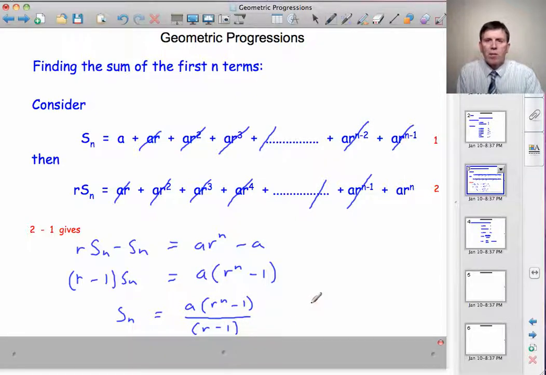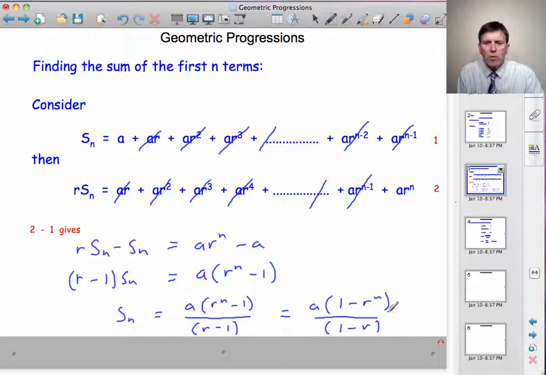So we now have a formula for the sum of the first n terms. An alternative version of that is if we multiply the top and bottom by minus 1, we can have the brackets with the terms round the other way: a(1 minus r to the n) divided by 1 minus r.